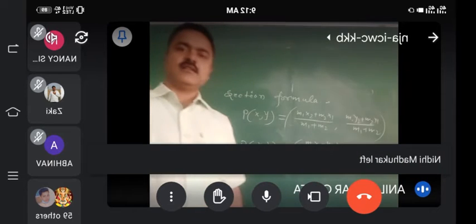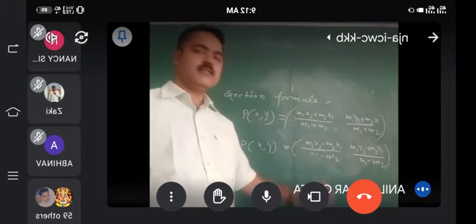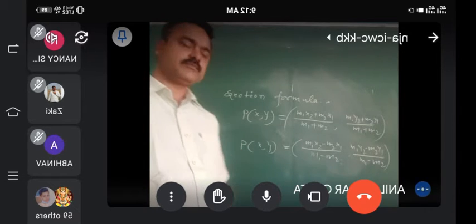These are the coordinates of P(x, y) which is external.